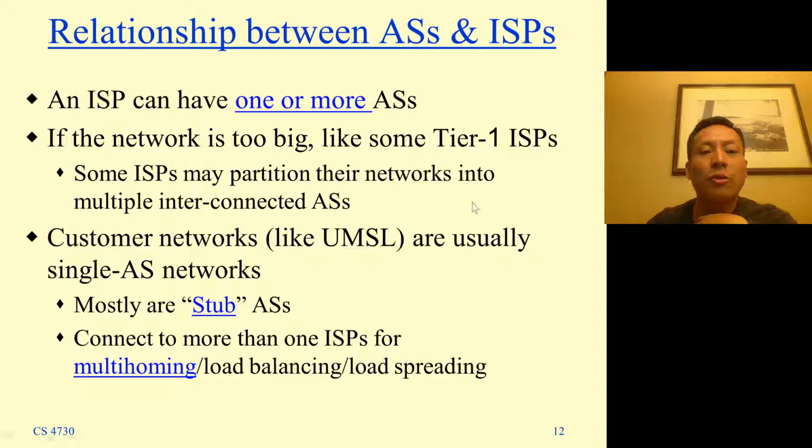So they want consistent connections. Even if one of the service providers' links is down, you can still use the other one. So it provides multi-homing, load balancing, load spreading, or failover functions among the different links that you are using simultaneously, which is very normal nowadays.